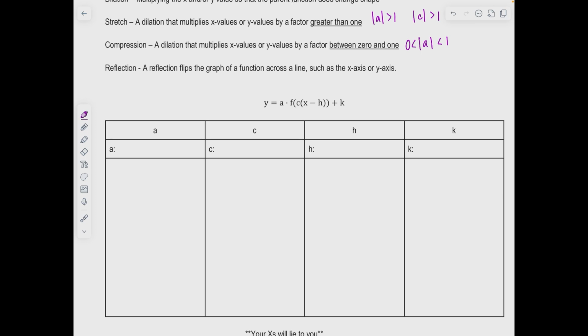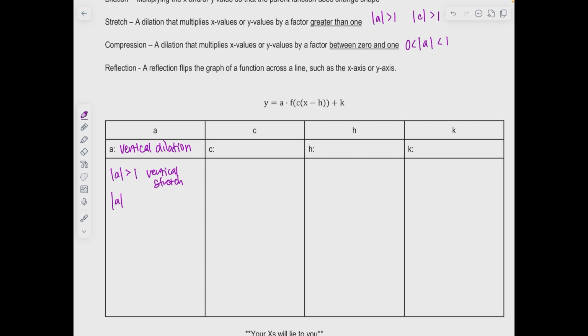So the a value is the number in front that multiplies. This controls your vertical. Okay. And so what happens is this: if the absolute value of a is greater than 1, it will be a vertical stretch.